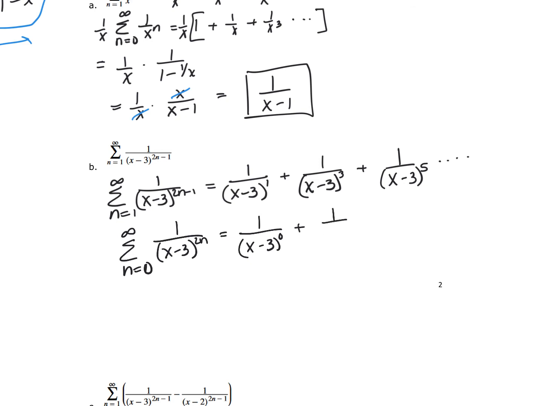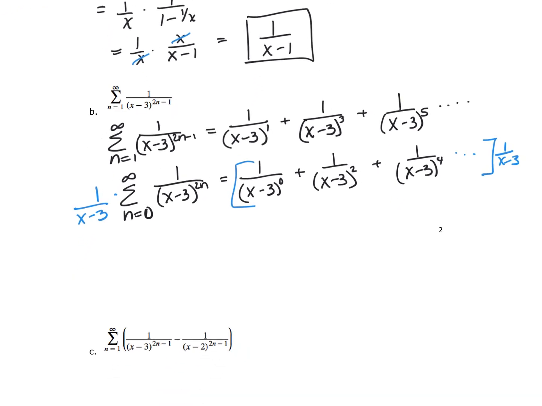Then 1 over x minus 3 raised to the 2, then 1 over x minus 3 raised to the 4. Oh, to make this match, I just need 1 over x minus 3. So if I multiply this by 1 over x minus 3, then when I distribute it through, I get the first term, the second term, and the third term.